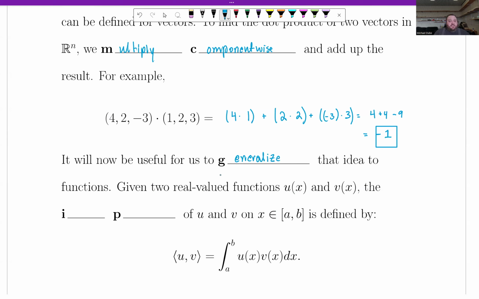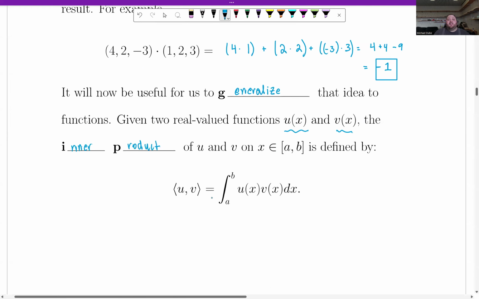that idea to functions. Given two real valued functions, u of x and v of x, the inner product of u and v on x in the closed interval from a to b is defined by the inner product of u and v equal to the integral from a to b of u times v with respect to x.